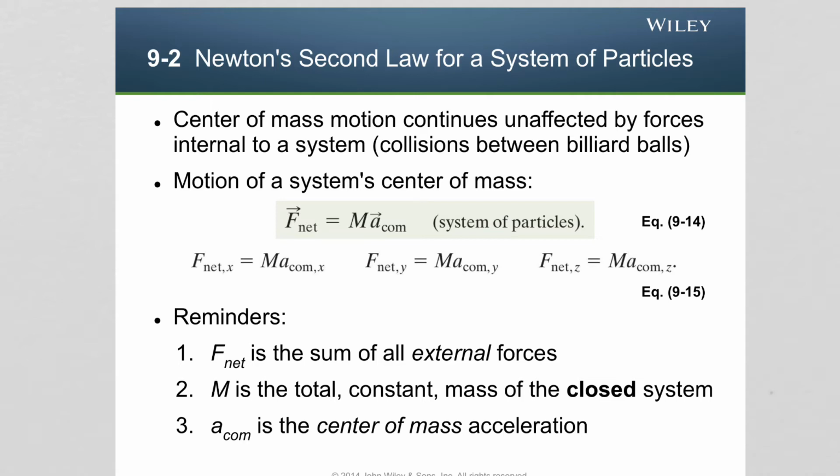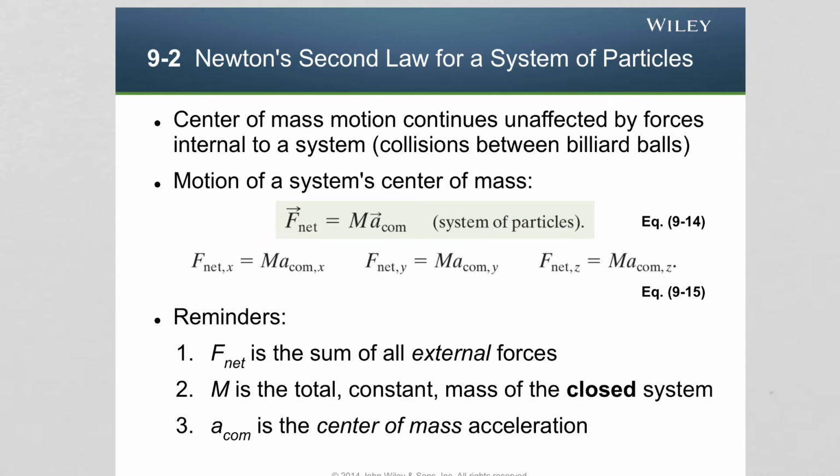So what that means is that for a system of particles, no matter how many there are, if the forces that are present only come from interactions between those particles, then the center of mass will move unaffected by those forces. So when we're discussing the motion of the center of mass of a system, Newton's second law will have to be rewritten or changed in notation a little bit to reflect that.